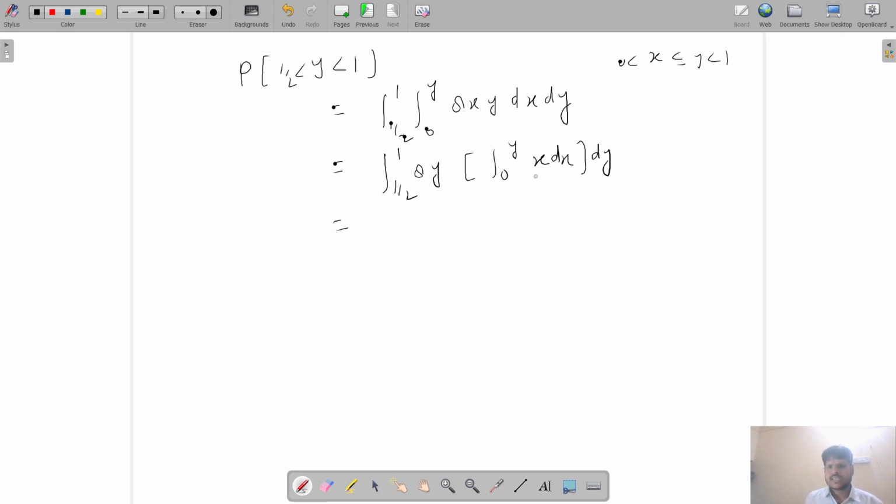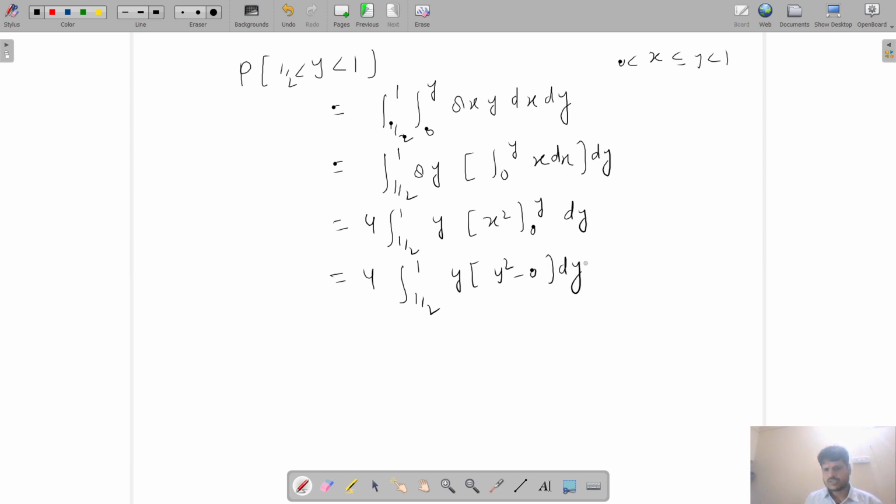So this is x square by 2, and 8 by 2 is 4. So this is x square by 2 with limit 0 to y and dy, right? Now you can write 4 times the integration from 1 upon 2 to 1 of y square minus 0, dy.